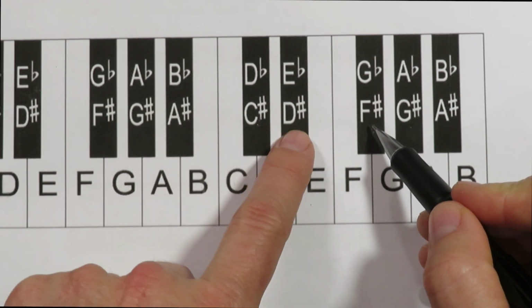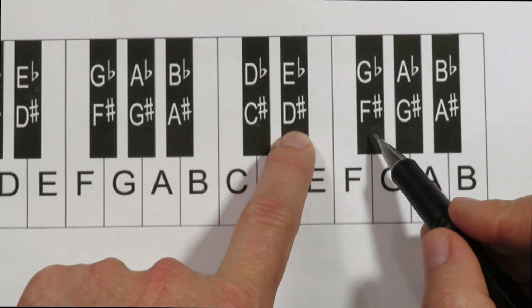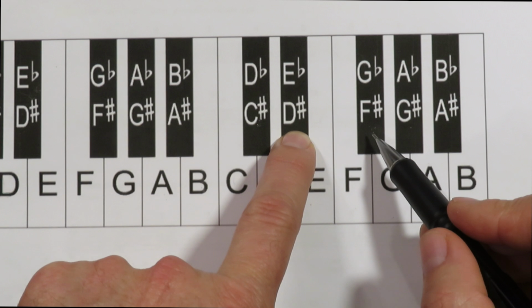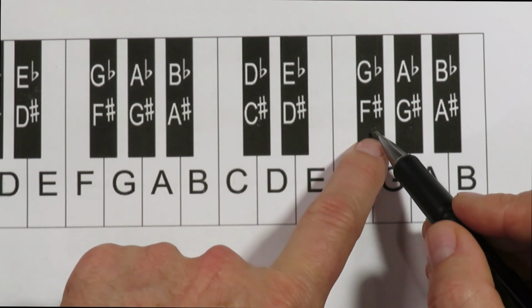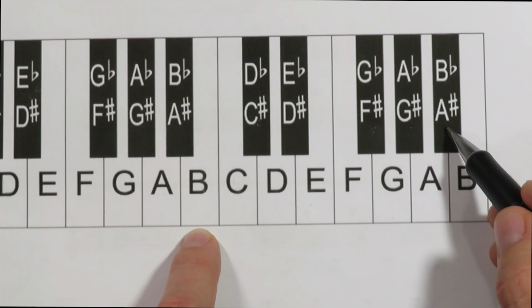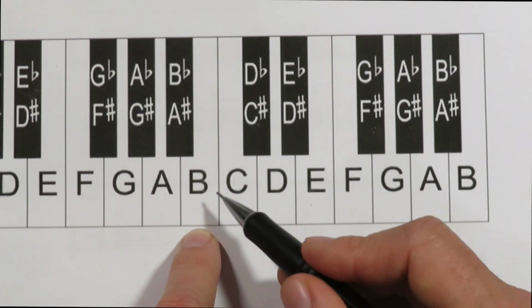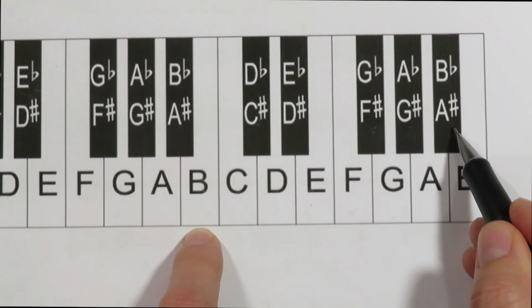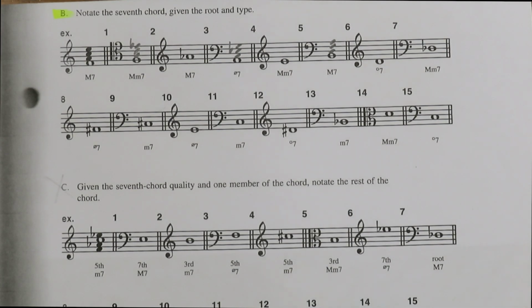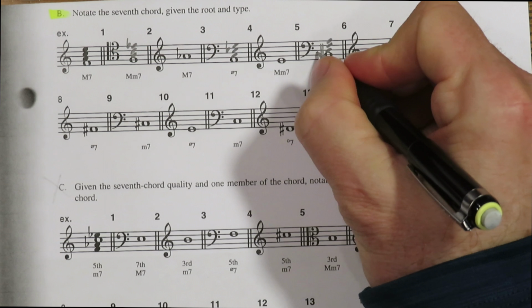There's our major triad. Now we want it to be a major seventh, so we're going to have a major seventh interval on top, and that would be A sharp. There's your octave, your major seventh. So B, D sharp, F sharp, A sharp. Let's add our sharps here. D sharp.